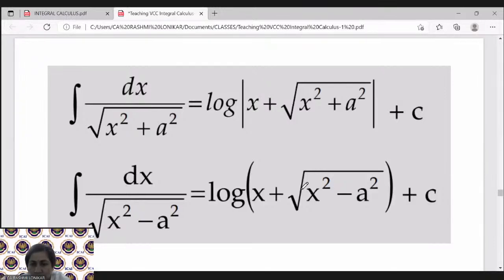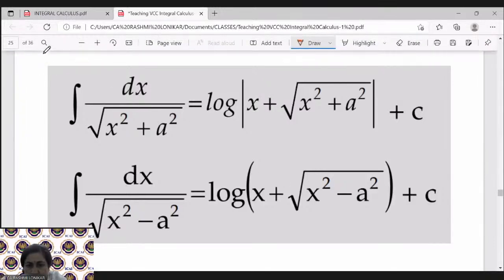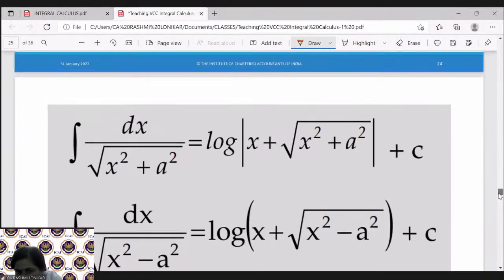So here, suppose I have a question, integration of dx upon square root of x square plus 25. What will this be equal to?